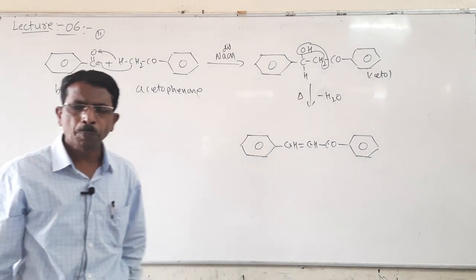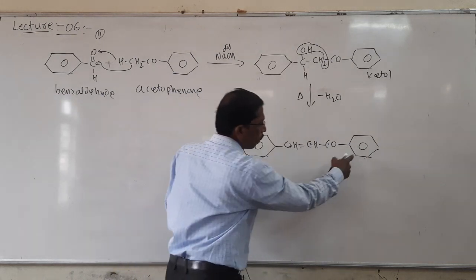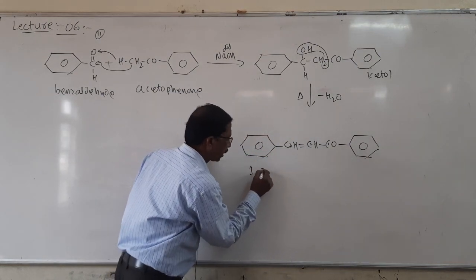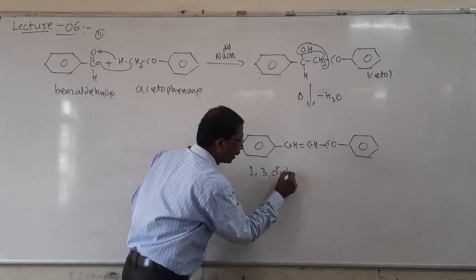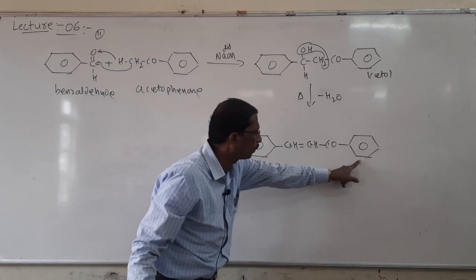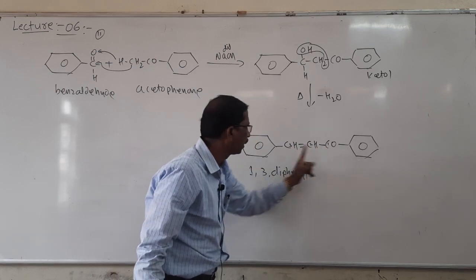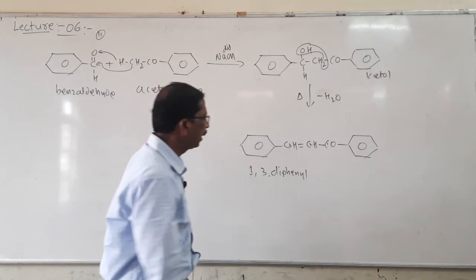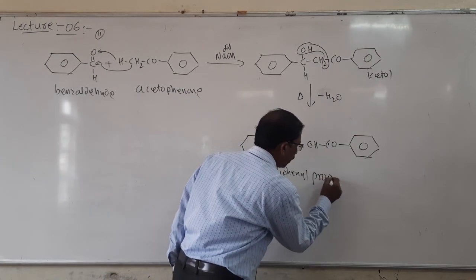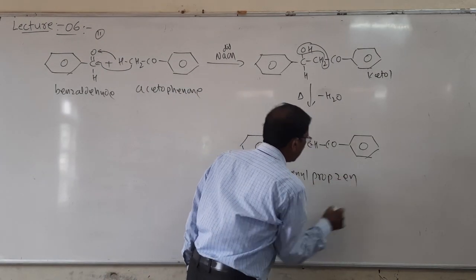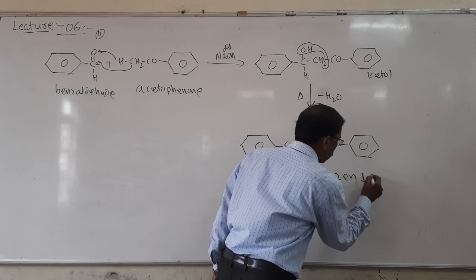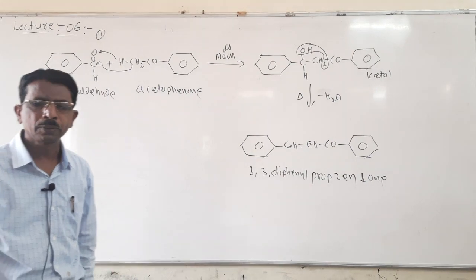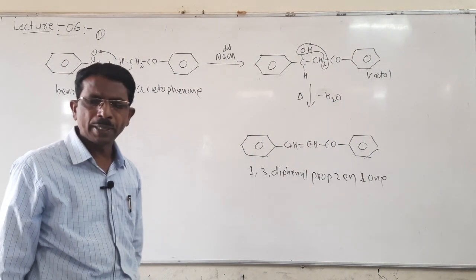It is called prop, with phenyl at 1 and also phenyl at 3, so 1,3-diphenyl. Look here, 1 phenyl, 3 phenyl, 1,3-diphenylprop-2-en-1-one. Look here students, it is the name of this compound.